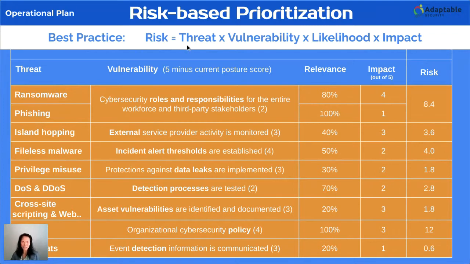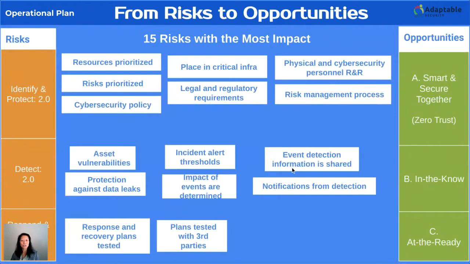Risk is the threat factor multiplied by the vulnerability itself, multiplied by the likelihood or relevance, and the impact if it's realized. So as you can see, it's pretty rigorous based on that local government's actual observation and intelligence. And then the next steps are looked at, those 15 risks.